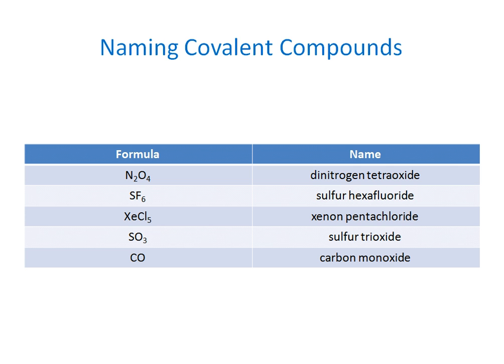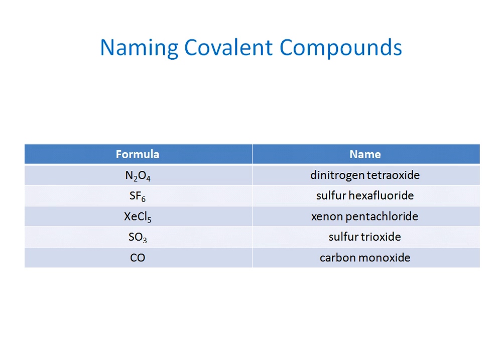Now, here is a very important thing. Mono is only used for the second part of the formula. So, for example, in CO, you have monoxide. It is never used in the first part of the formula, therefore you don't have monocarbon.